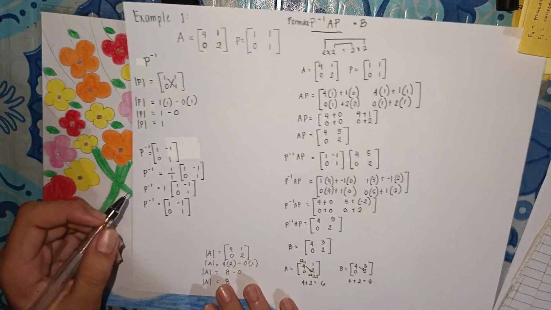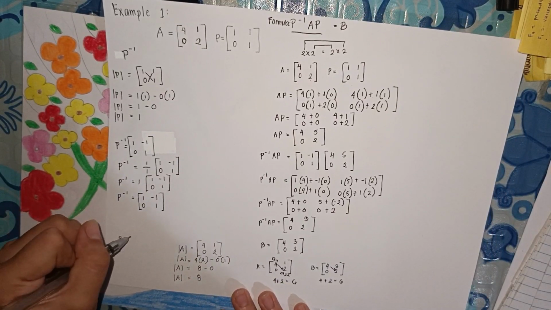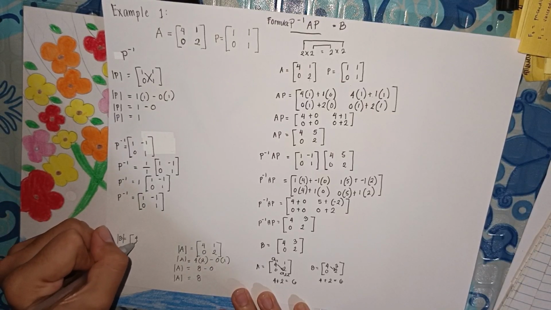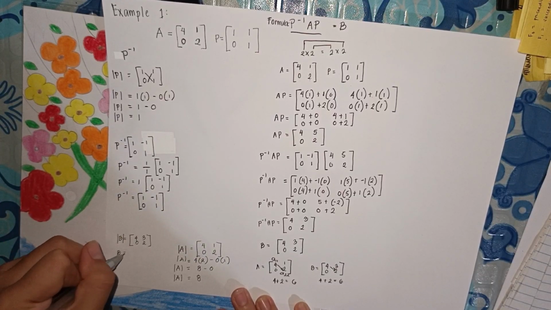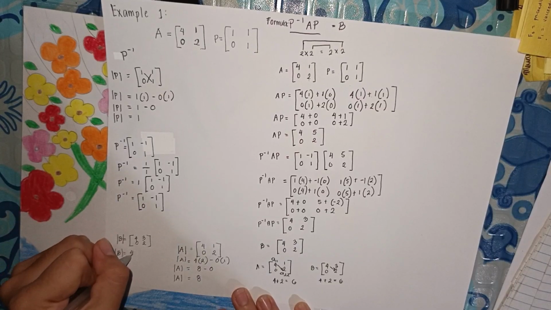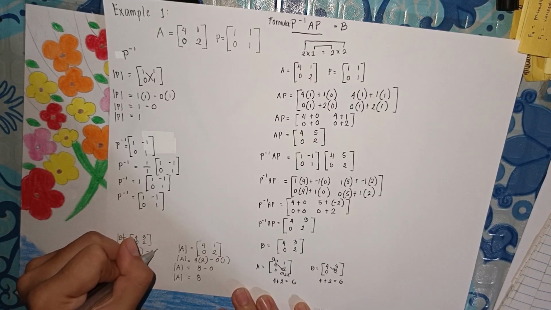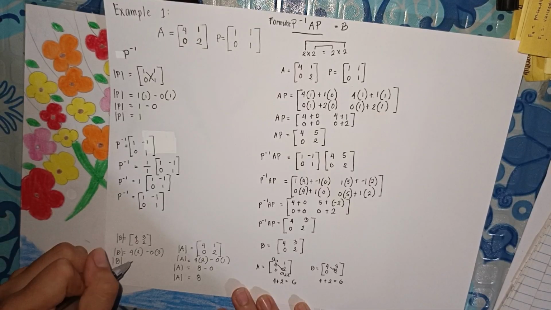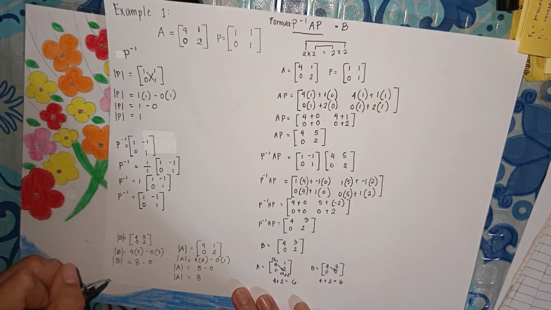Then for matrix B, the determinant of matrix B, 4, 0, 3, and 2. So 4 times 2 minus 0 times 3. So the determinant of matrix B is 4 times 2, 8, minus 0 times 3, 0.